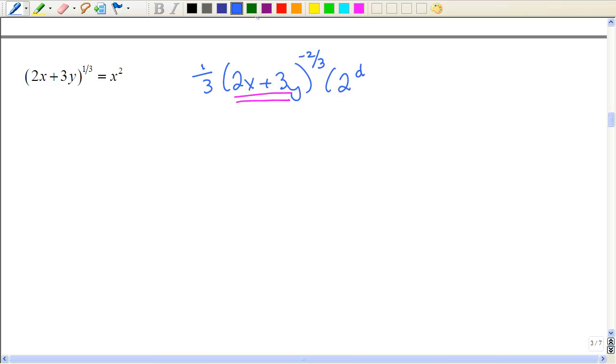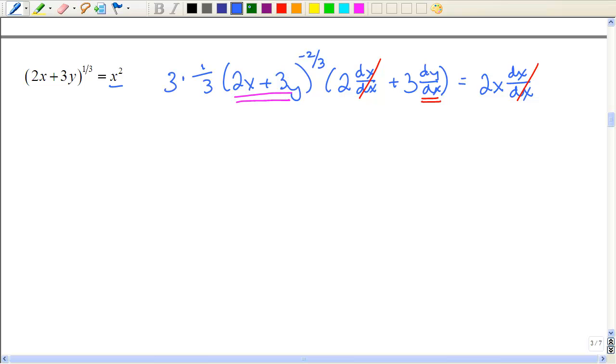All right, so I have 2 dx/dx plus 3 dy/dx equals 2x dx/dx. Right, so that's going to be 1s. So this is what I've got to solve for. That's what I've got to get by itself.